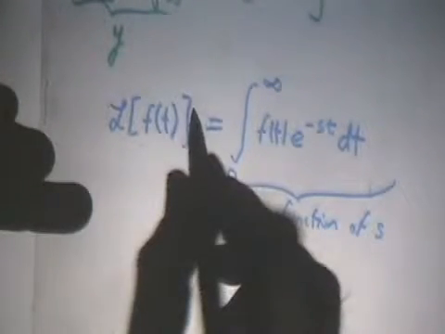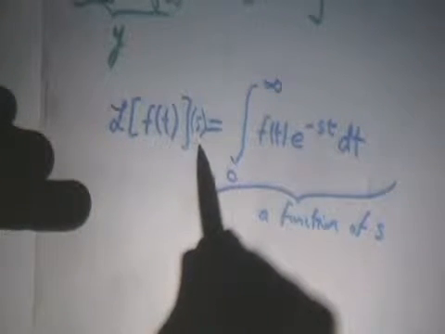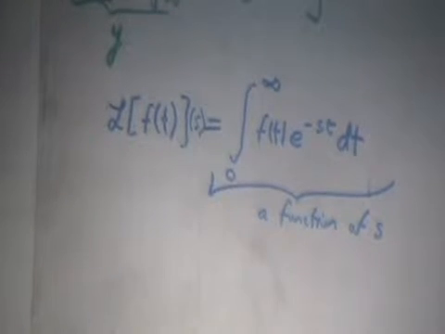Sometimes that's emphasized by putting an of s right here, though oftentimes we don't bother doing that, partially because we're lazy and partially because it leads to confusion for people. But this Laplace transform of this function of t, we will treat as a function of a new variable that we called s. Now the letter s is arbitrary. We could have used a different letter, but that's the letter that's traditional to use.